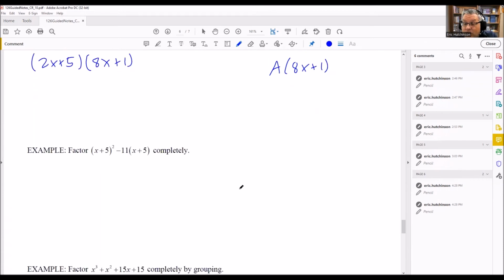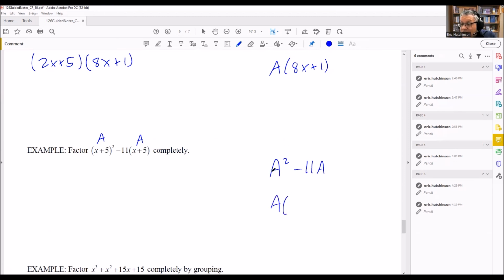Now, this next problem is different from the ones that we've just done above, but we're going to do it a similar way. The x plus 5, I'm going to replace that with a capital A. And if I had that, it would look like this. Capital letter A squared minus 11, and then capital letter A. So I just replaced the x plus 5 with the capital letter A. Now, if I factor that part out, the one that repeats here, I could pull out the smallest power of A. So I'll have a capital letter A there.